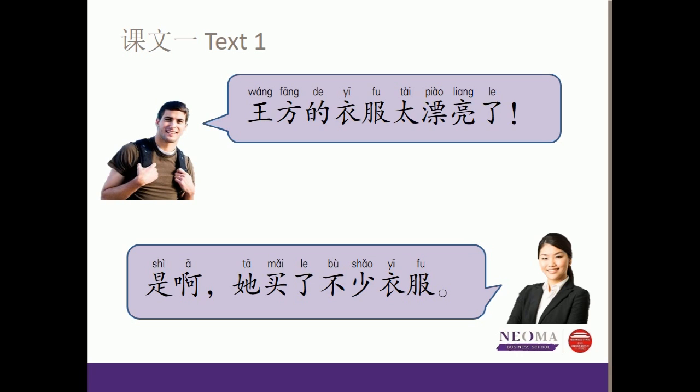王芳的衣服太漂亮了. So in this conversation, we're going to see 3 different ways of using le since we learned this HSK1 level Chinese. So the first one we saw is in 太 blah blah blah le, or 太 adjective le, means too, extremely. So 王芳的衣服太漂亮了 means Wang Fang's clothes are too beautiful.